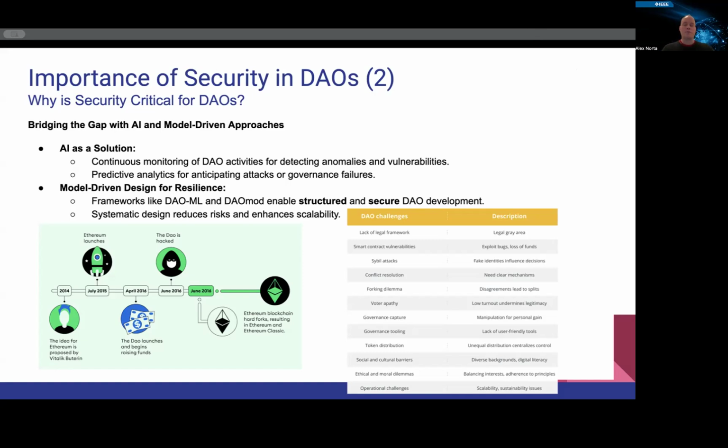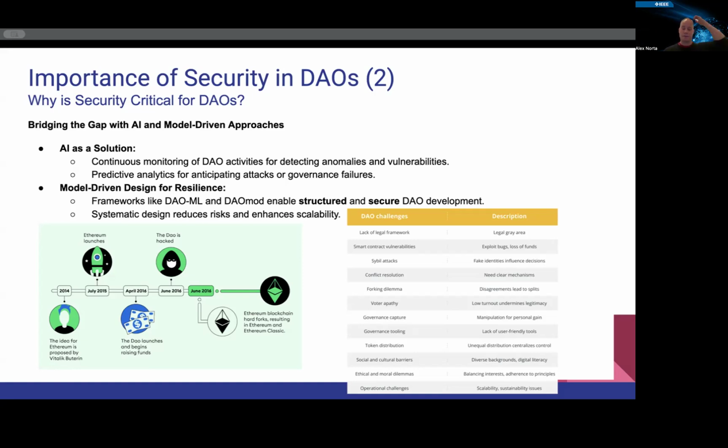Or to our knowledge, we're the first ones who are taking such an approach. So such a systematic design that we propose, with the tool support, reduces risks of exposing attack vectors and it also enhances the scalability of the entire DAO approach.